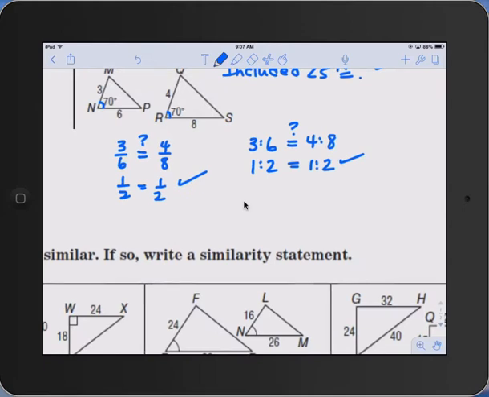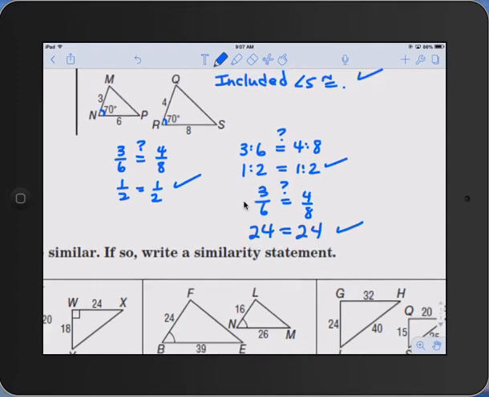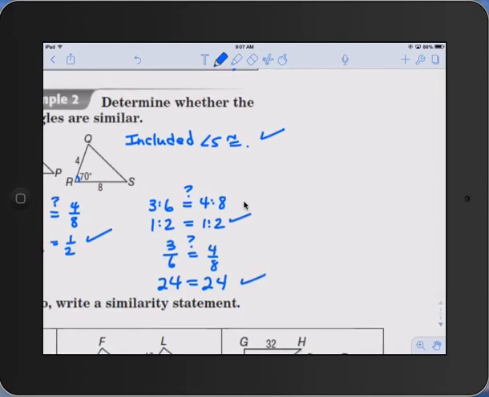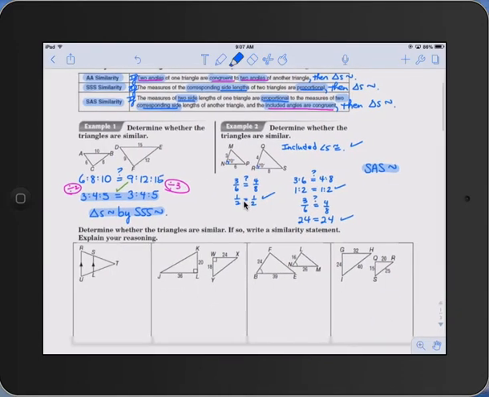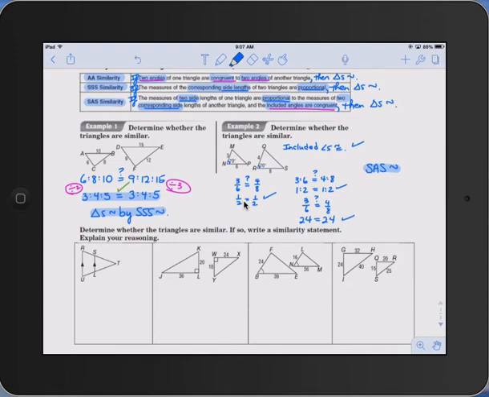Or you can say, if 3 over 6 equals 4 over 8, that's true if when you cross multiply you get the same thing, and that's also correct. So any of those ways will show that the triangles are similar, and they are similar by side angle side similarity because we have two pairs of sides that are proportional in the two triangles and the included angles are congruent.